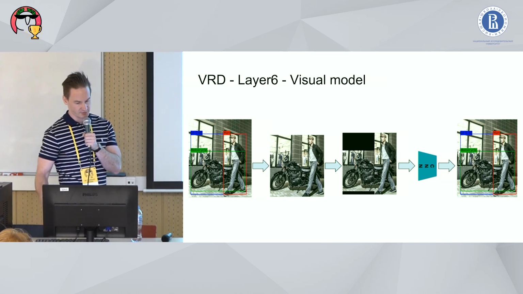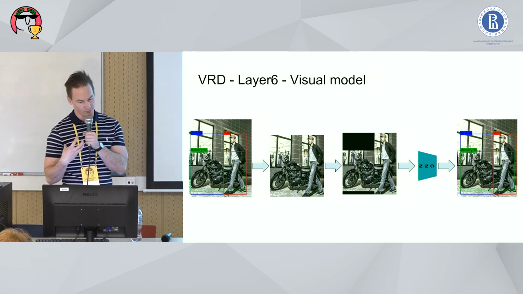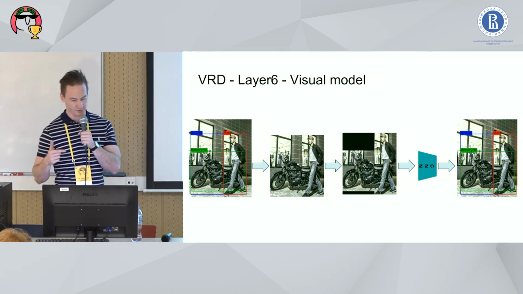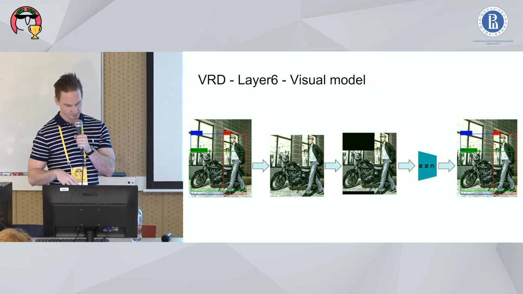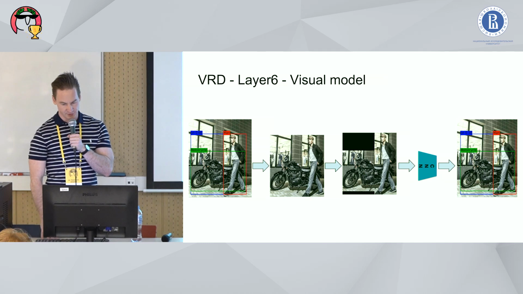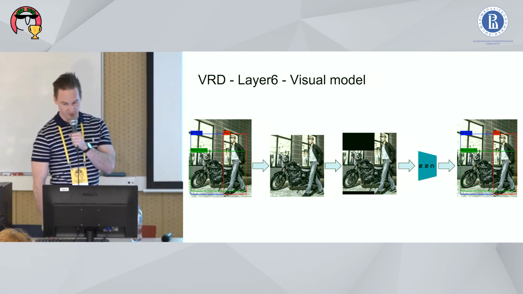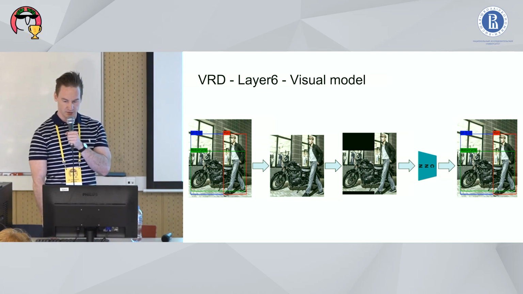So they select these images with the external bounding boxes, then blank everything but these objects, and just make a classification for these new images. And based on this prediction, they reweight the confidence for these pairs.